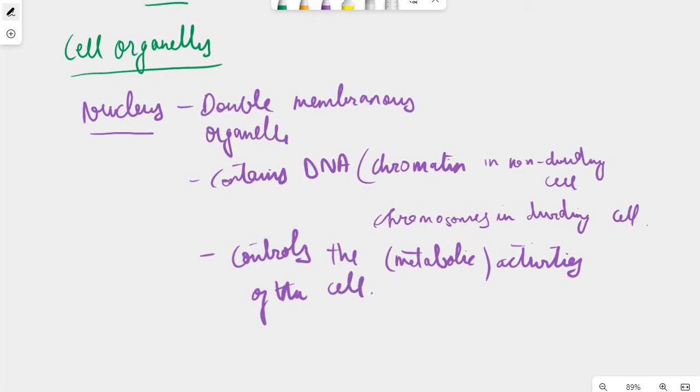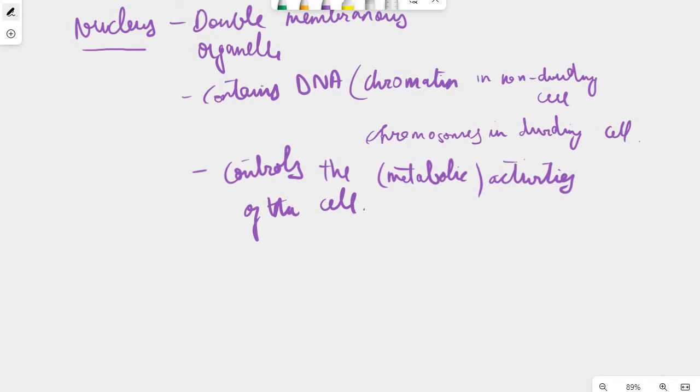So these 3 points have been done, and one more function would be it plays an important role in cell division.